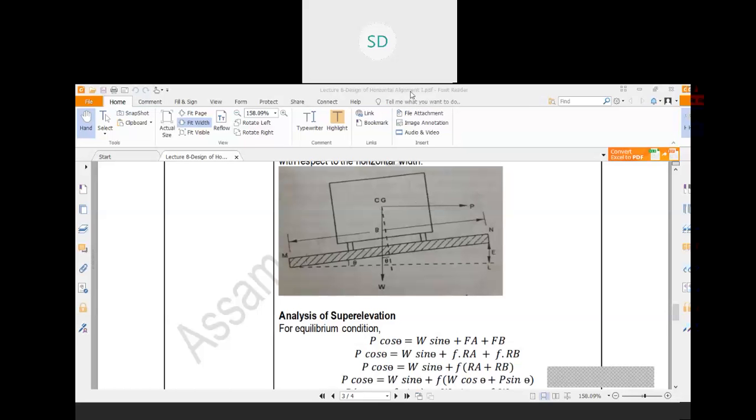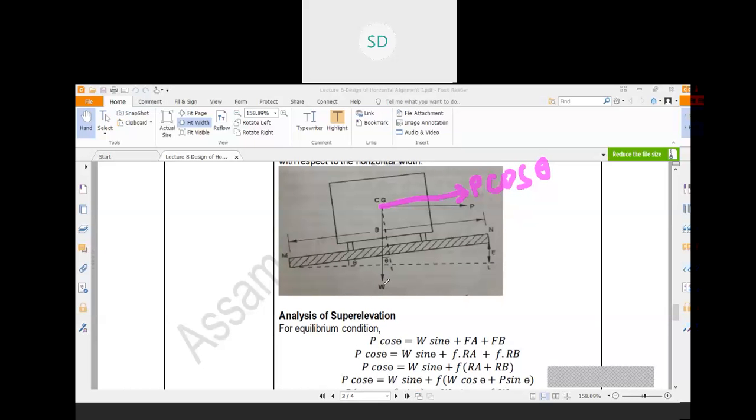So your horizontal component is P cos theta, and in that direction another force would be there, that would be P sin theta.